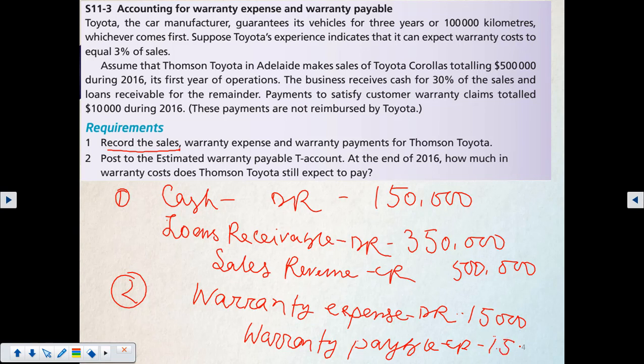So it is going to be $15,000. Warranty expense debit, warranty payable credit by $15,000.